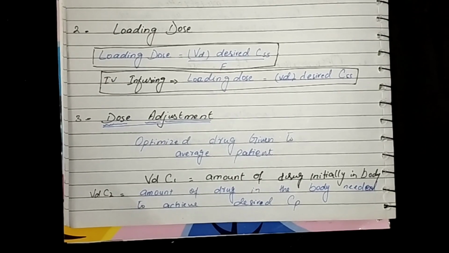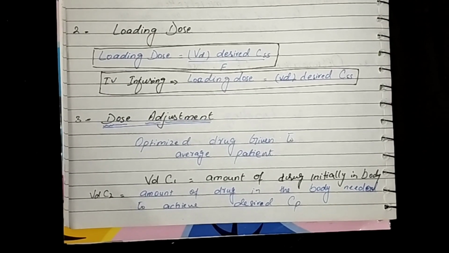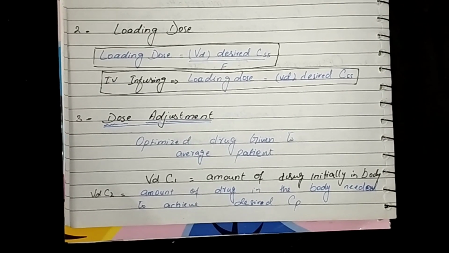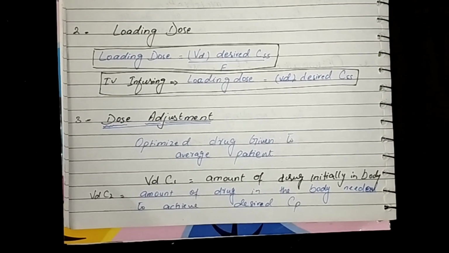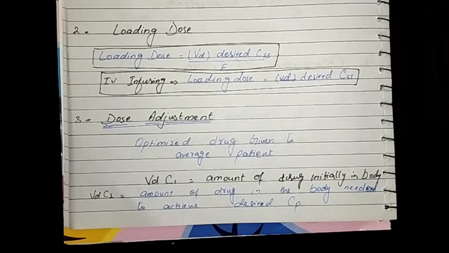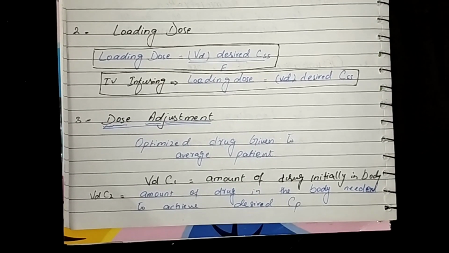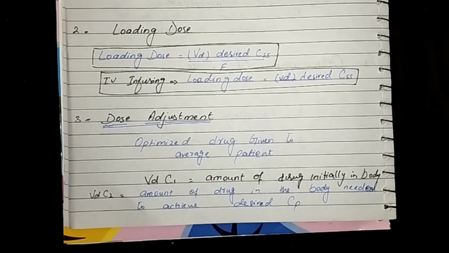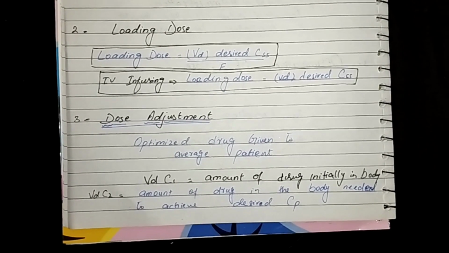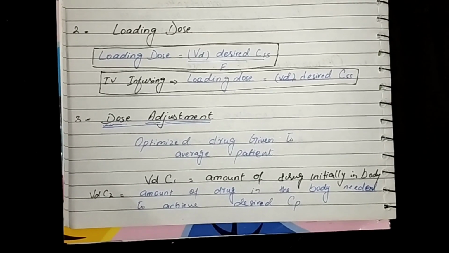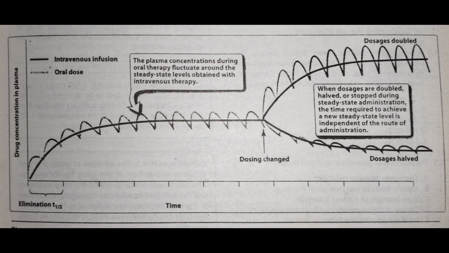The clinician needs to know how much additional drug should be administered to bring up the circulating level of the drug. Here is the equation. Vd times C1 is equal to the amount of the drug initially in the body, and Vd times C2 is equal to the amount of the drug in the body needed to achieve the desired plasma concentration. The difference between the two values is the additional dosage needed, which equals Vd times (C2 minus C1).